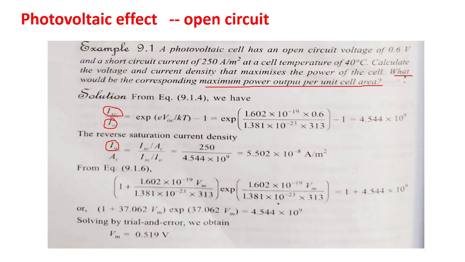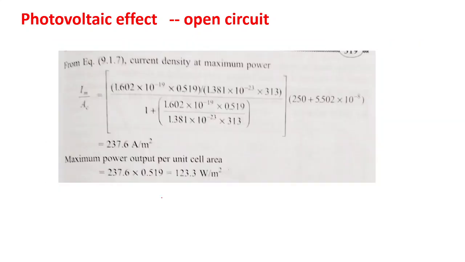In the case of short circuit current, the value given is 250 ampere per meter square. So we use this formula, and then we will be able to calculate the maximum power output per unit of cell area.